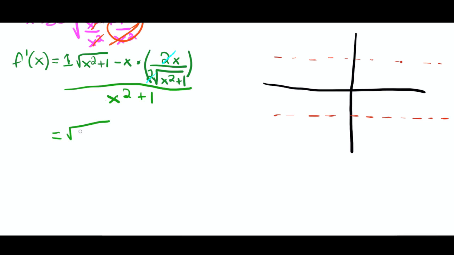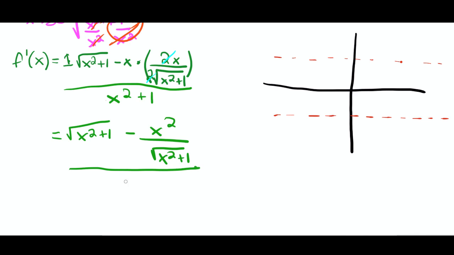Okay, so then we've got square root of x squared plus 1 minus x squared over the square root of x squared plus 1. Okay, so then we multiply, forgot. And then all this is over x squared plus 1.